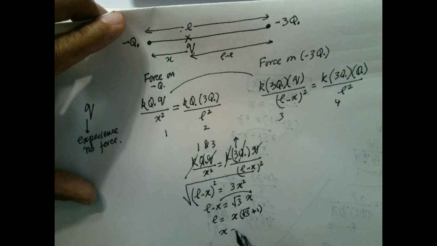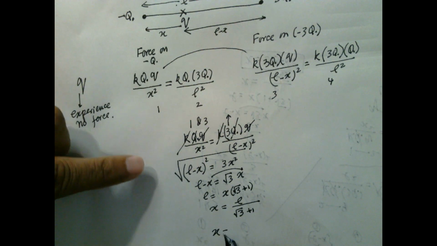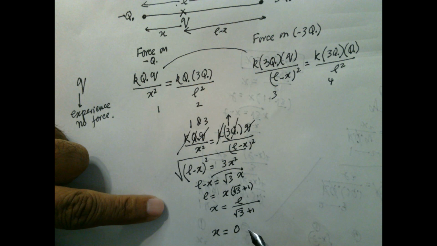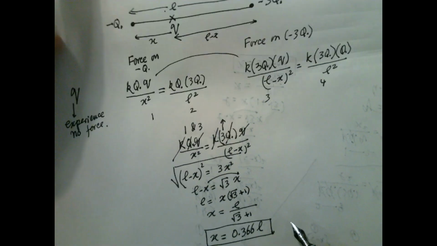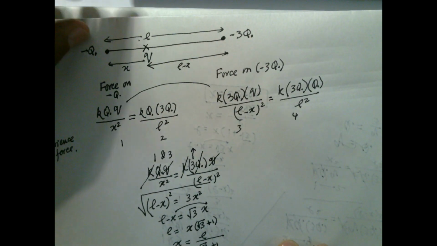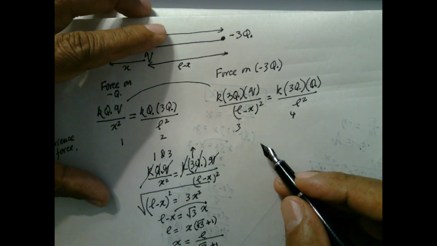So x is equal to L over square root 3 plus 1, or if you solve this, it is equal to 0.366 L. So this is the value of x.